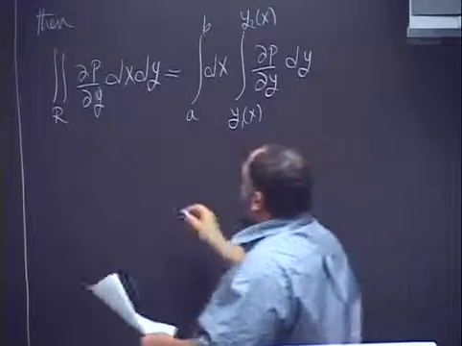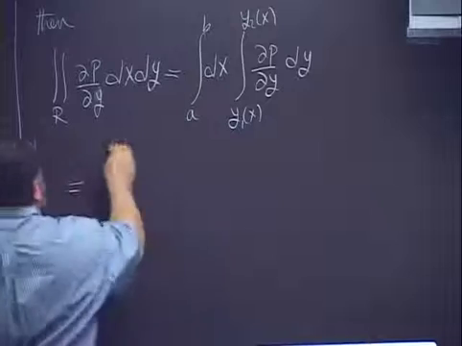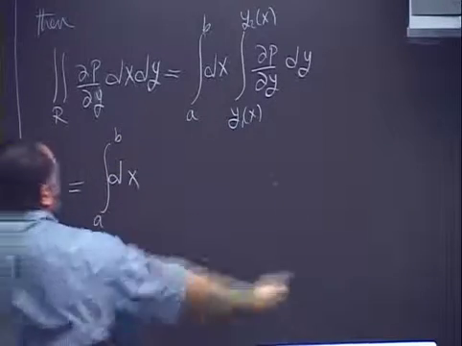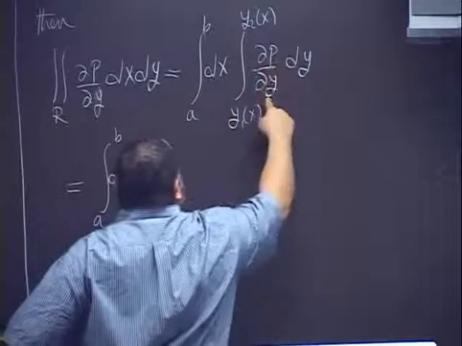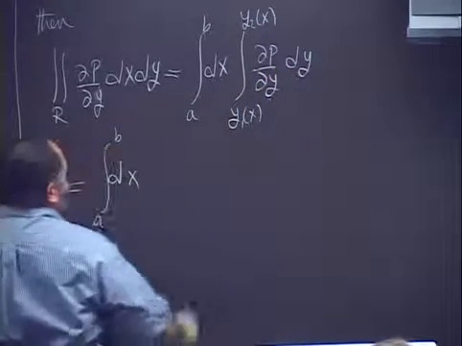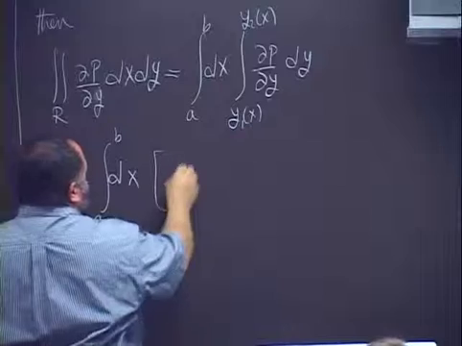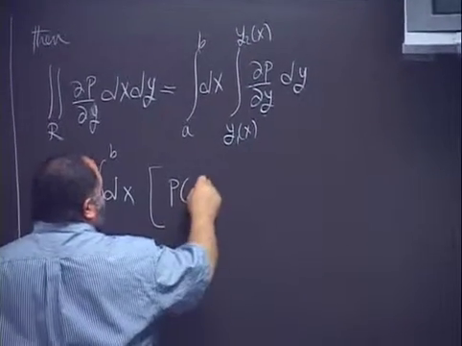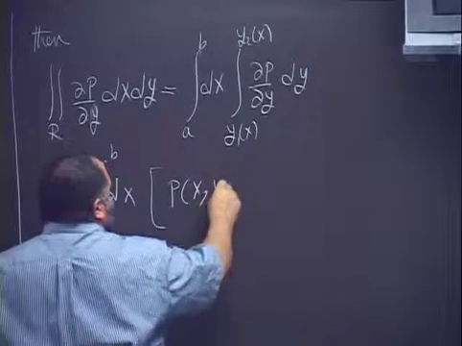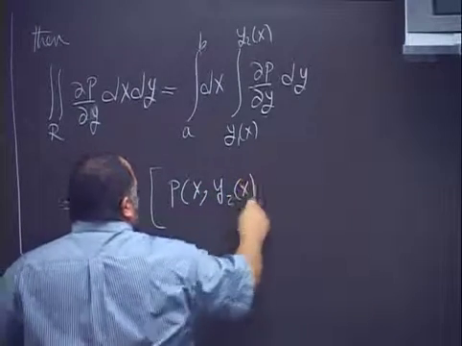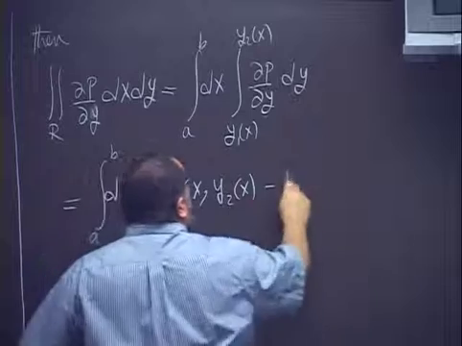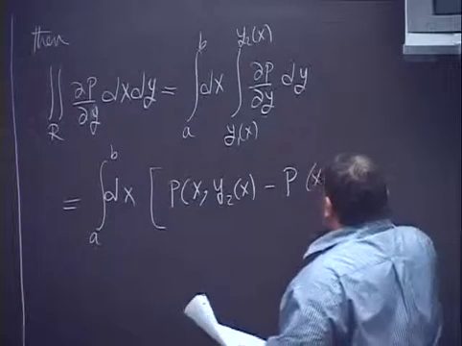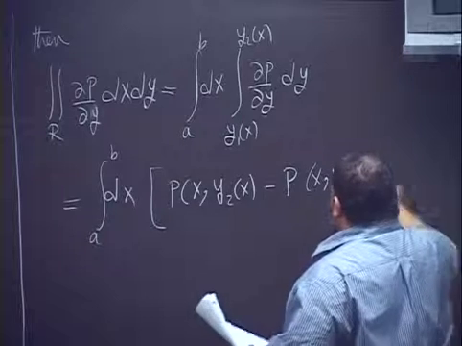So this will give you the integration from a to b dx, and what's the integration of dp by dy? So it is just P of x and y2 of x minus P of x and y1 of x.